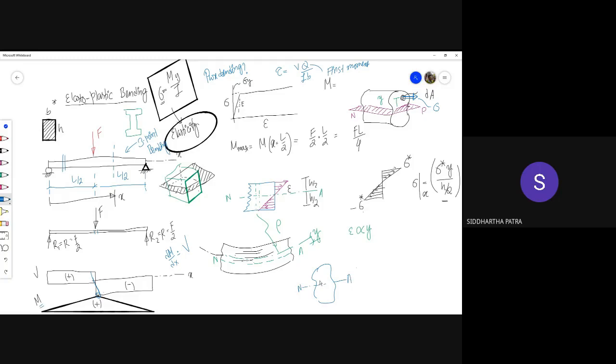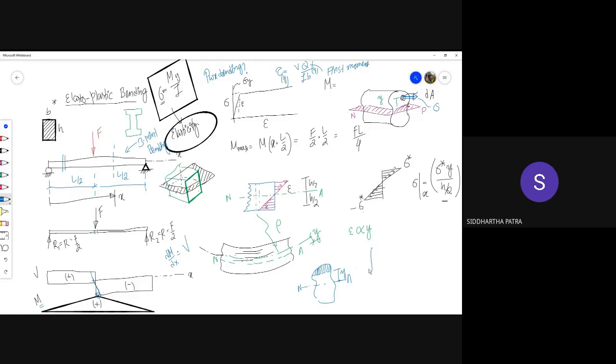Let's say you are trying to get this Q as a function of Y, so this shear stress is a function of Y. So at Y, what you do is you calculate the first moment for the area. Which area? From the top to this height of Y. So for this shaded area, you calculate the first moment.